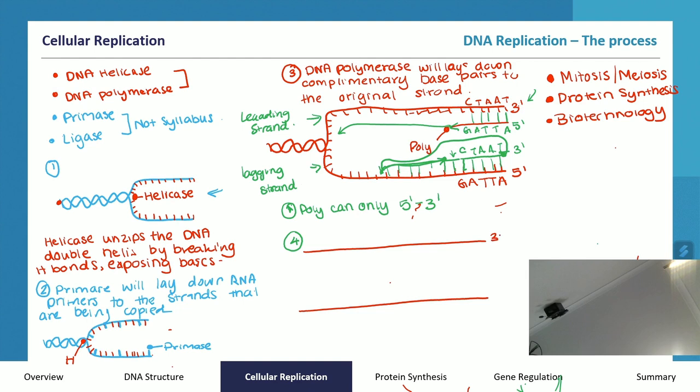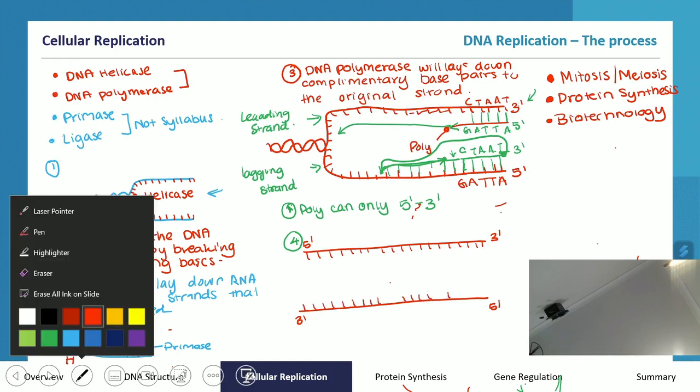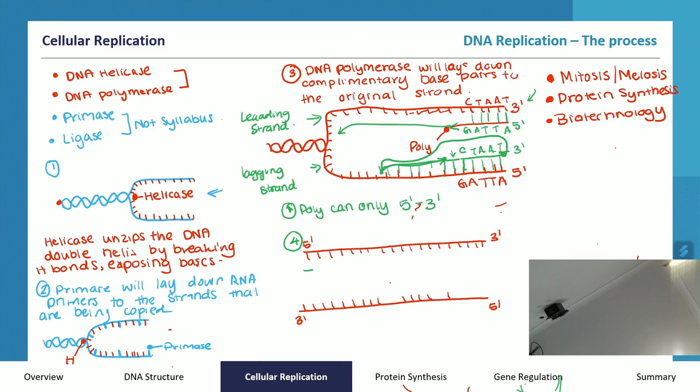So again, we've got 3', 5', 5', 3', and all the base pairs, mixed with two completely copied or new strands fixed by DNA polymerase.